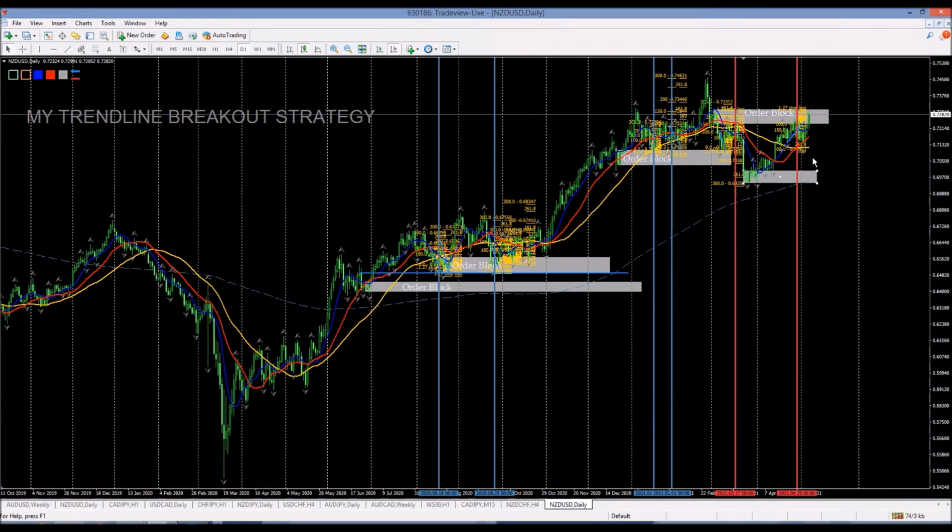Right? So this is an order block. This is an order block. Down candle before the up move.